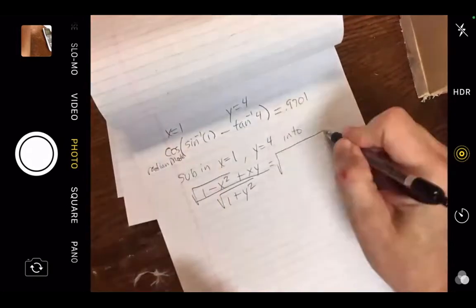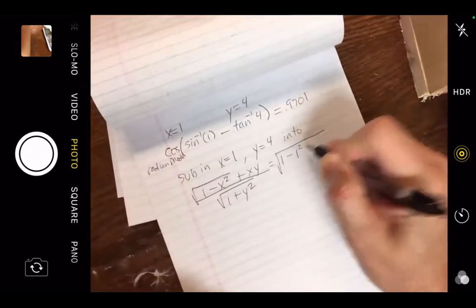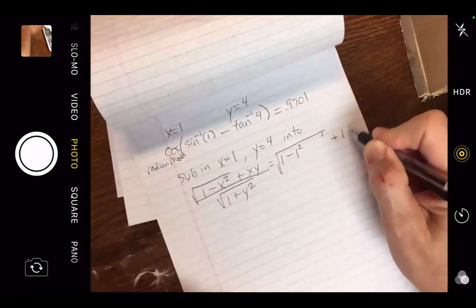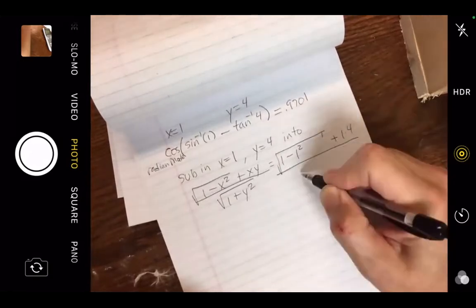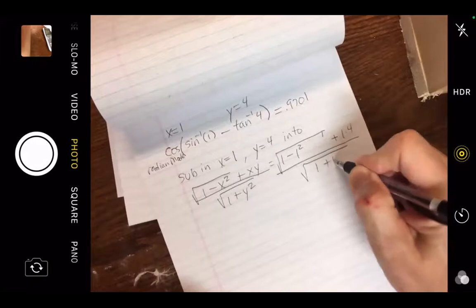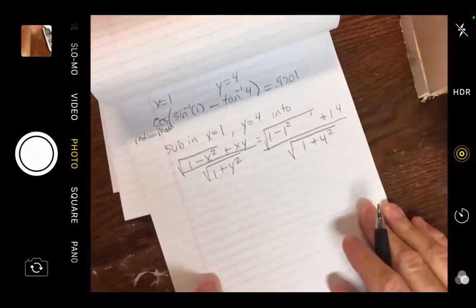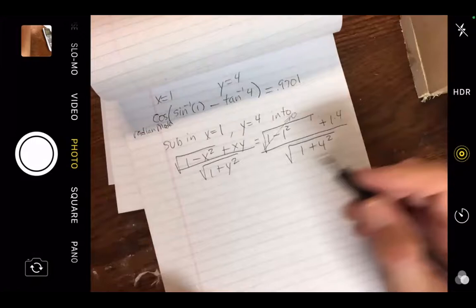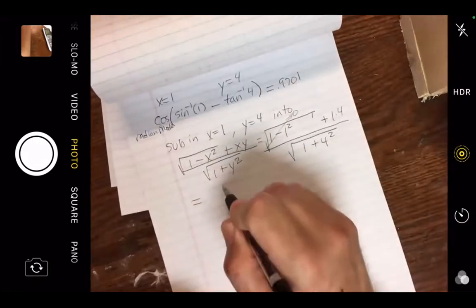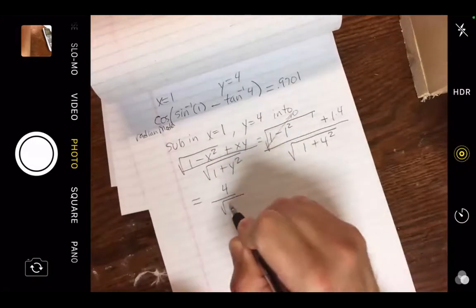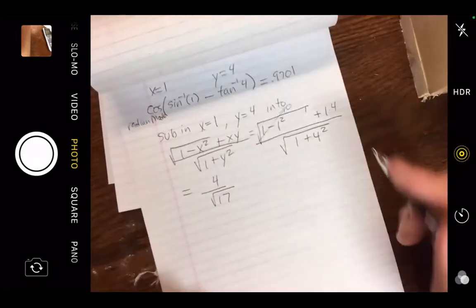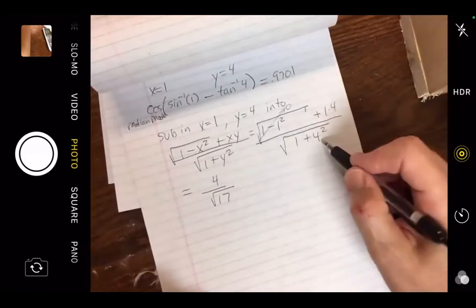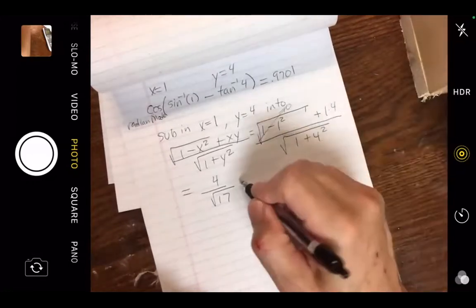That gives me the square root of 1 minus 1 squared, plus 1 times 4, all over the square root of 1 plus 4 squared. It won't be too bad because your square root here went to 0. So I'm going to wind up with 4 over basically the square root of 17. That 4, this is 0, 16 there plus 1 is 17.